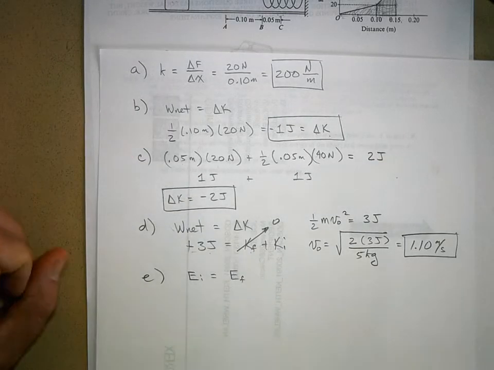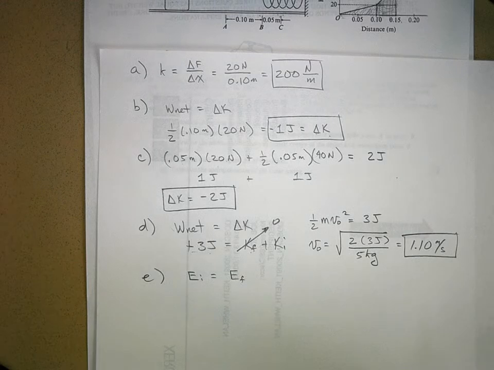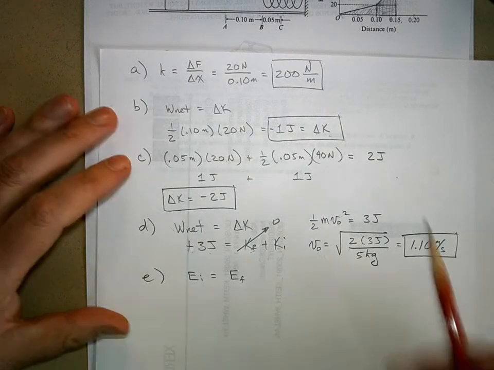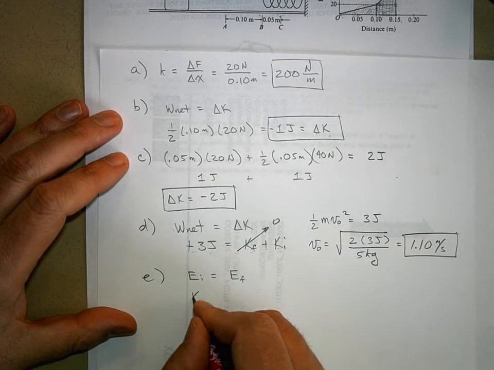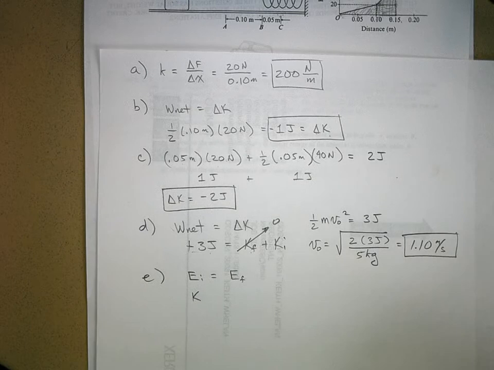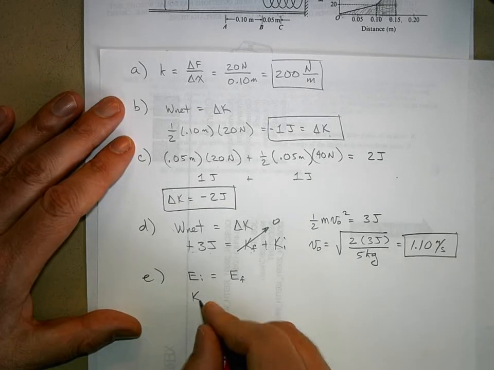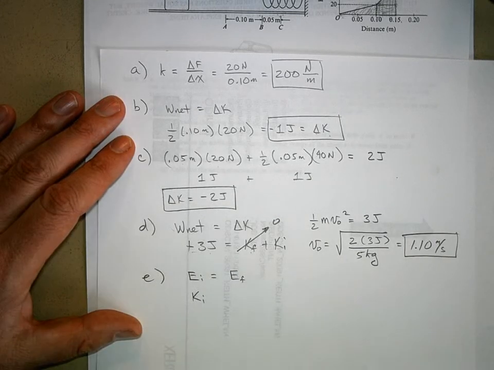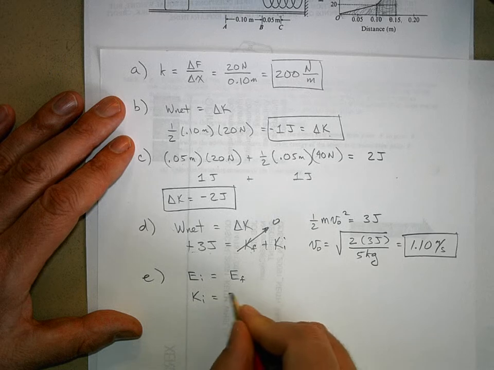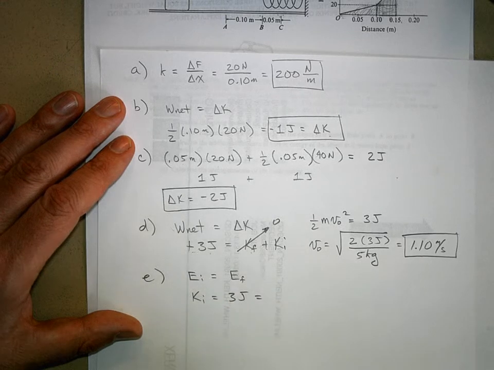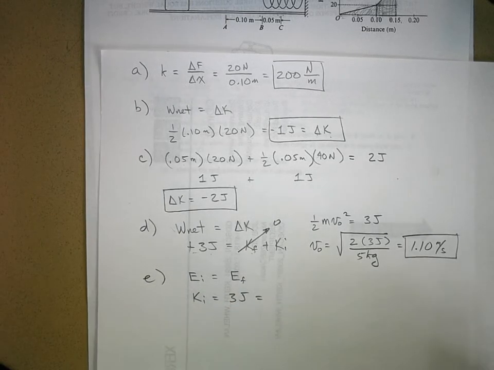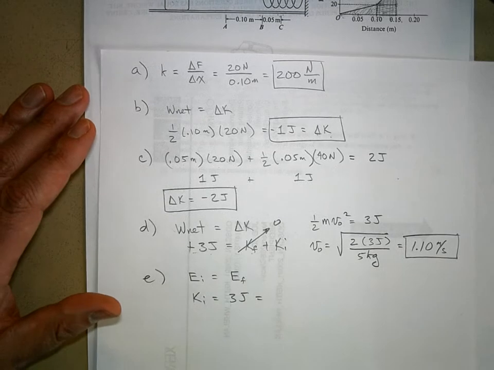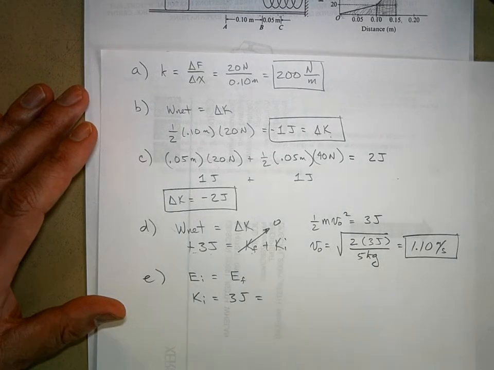Now, what was the initial mechanical energy? Well, it was all our initial kinetic energy, which was 3 joules. Now, where did it all go? Well, it went into the inner spring and into the outer spring.